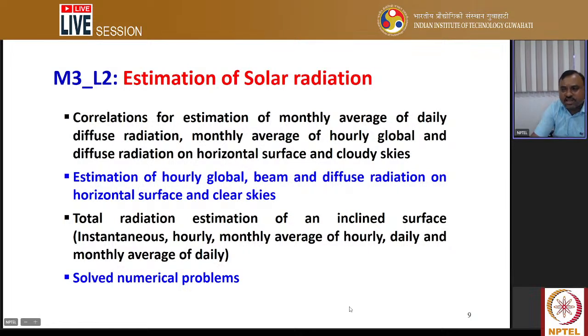Because sometimes we have radiation data, but it is not in the required form. So we need to convert those data as per our requirement. Okay, so we need to do this kind of analysis. And then estimation of hourly global, beam, and diffuse radiation on a horizontal surface on clear skies was also discussed.